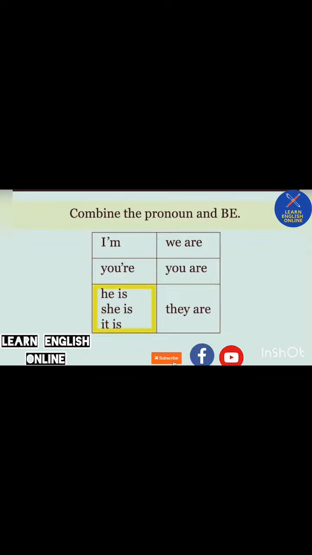He is, she is, it is follow the same pattern. So drop the I, move the S closer to make one word, and put in the apostrophe. She's, it's follow the same pattern as he's. We are changes to we're. You are changes to you're, and they are changes to they're.